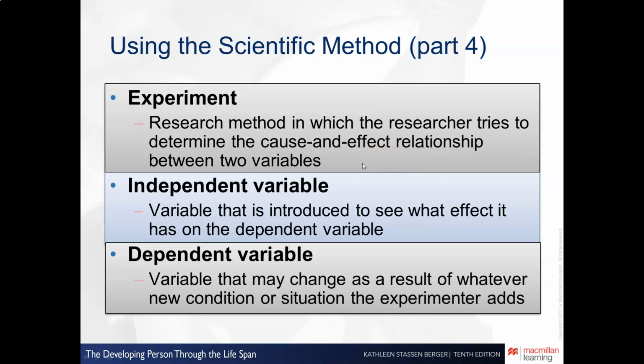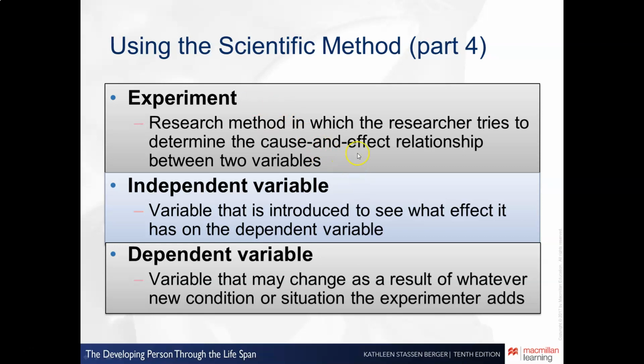Now, the variable in itself, the term means able to change. It is able to experience what's called variation. That's why it's called a variable. So all we want to do is see if one variable causes the effect or change in another variable, and that results in what we scientists call an experiment.